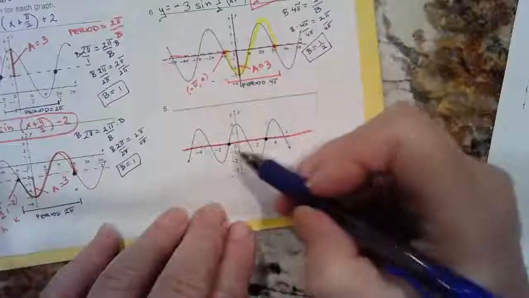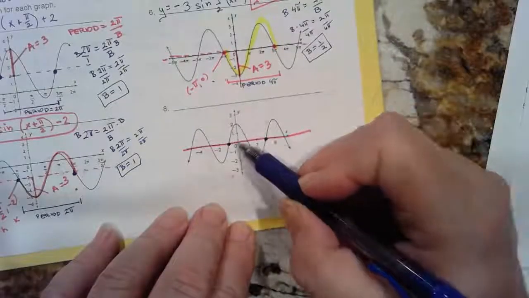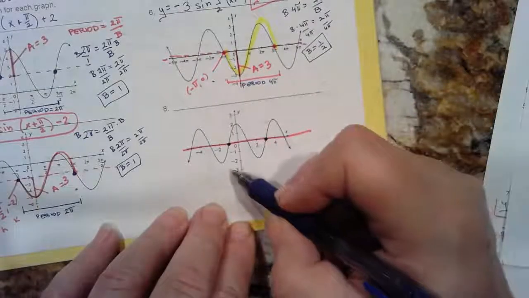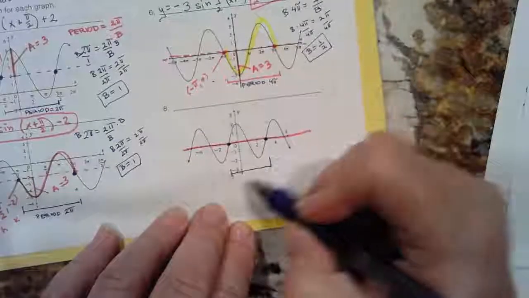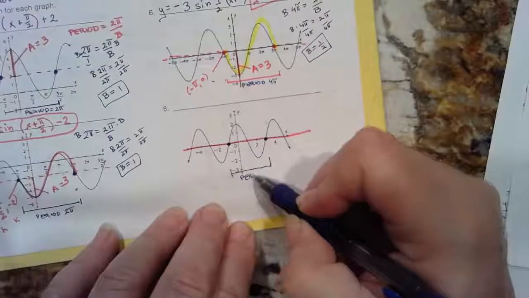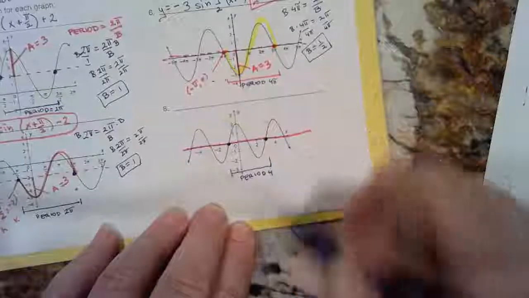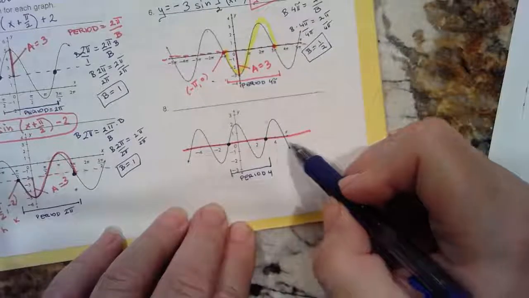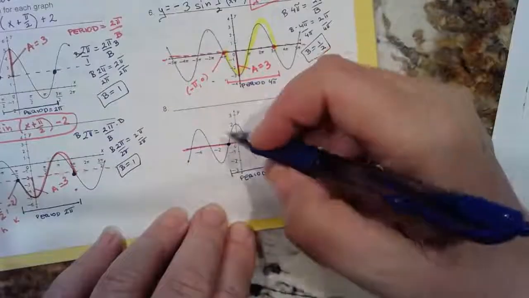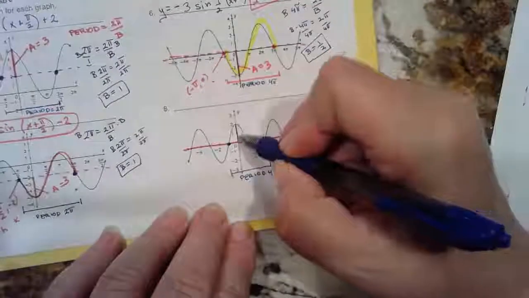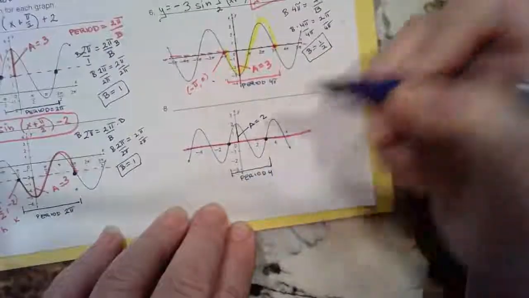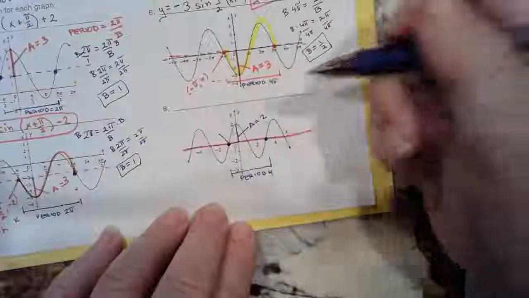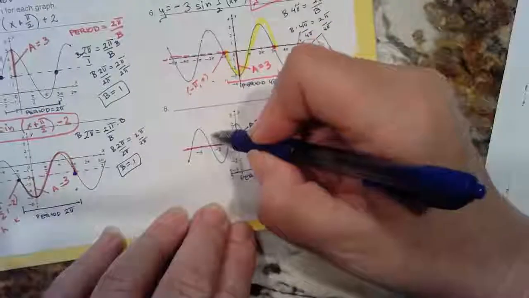And so I start at -1 and add, so that's 1, 2, 3, 4. So my period is 4. Notice that there are no pi's. And then your amplitude is 2. And your reference point is -1, 0.